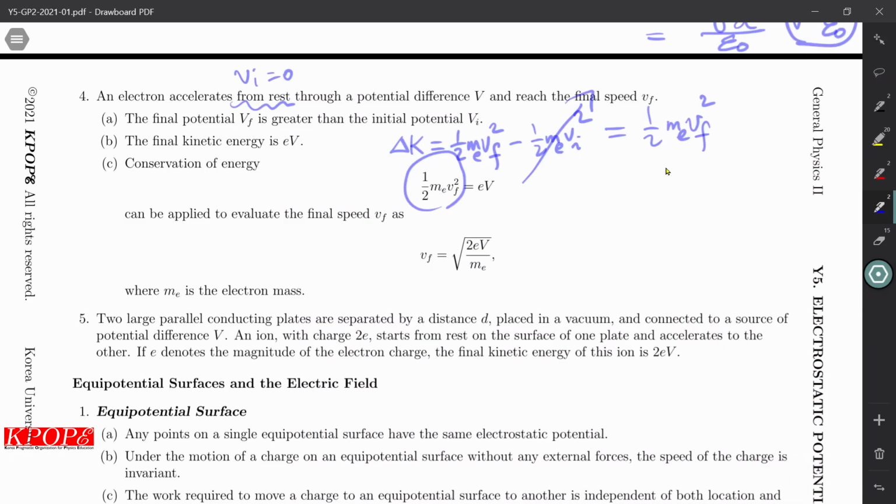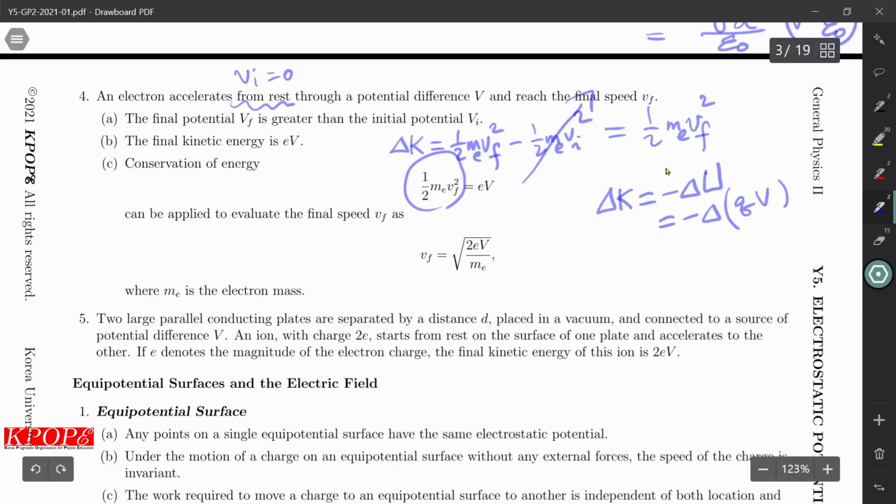The electron's kinetic energy change is minus the potential energy change, and minus the potential energy is QV, where Q of the electron equals minus e, therefore it is e delta V. We use the potential difference V, so delta V can be identified as eV.